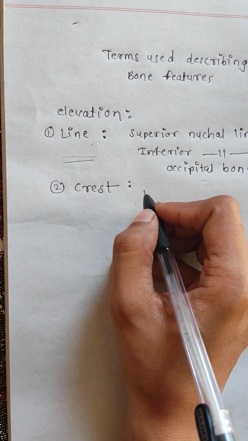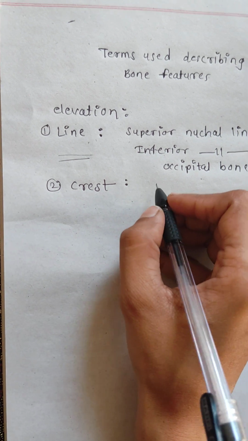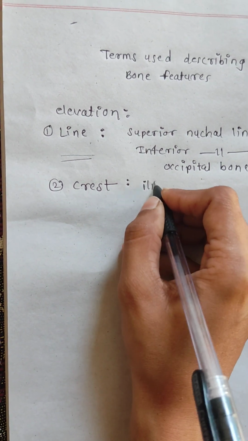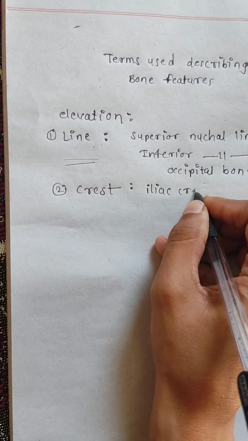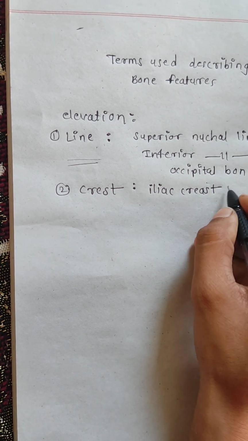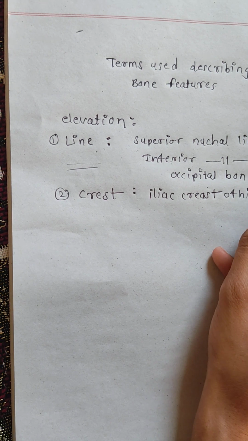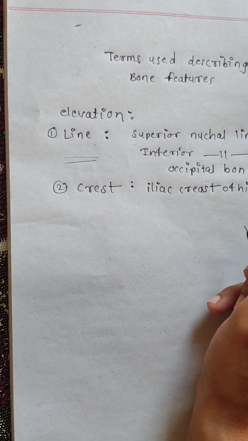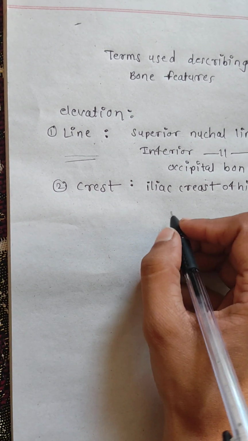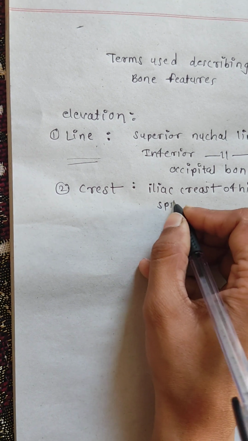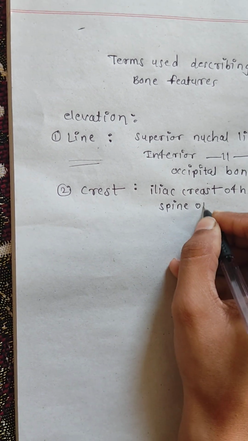It is not a linear elevation, and it is present on the iliac bone, the iliac crest, which is of the hip bone, and also on the spine of the scapula there is a presence of a crest.